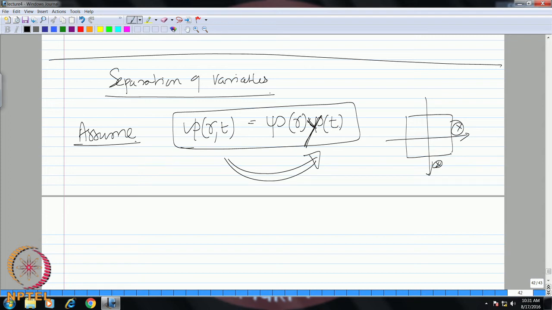Okay. So, that means we are trying to break this PDE into ordinary differential equations, one in space, one in time, and then we individually solve it. That is the only way of solving a PDE, right. So, can you attempt that?